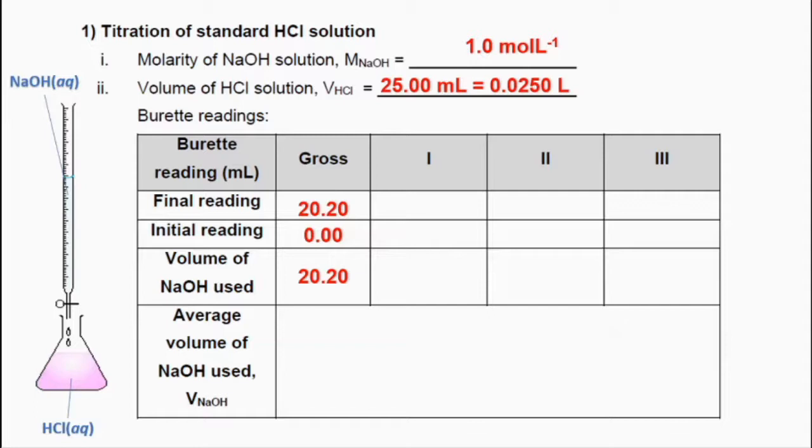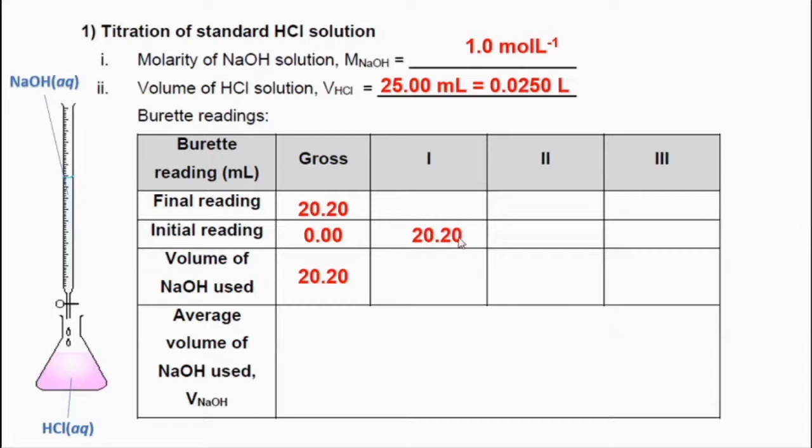Next, let's look at the first reading. Remember, the gross reading is not counted. Whenever we get the average volume of sodium hydroxide, we use only the first, second, and third readings. Let's say the initial reading is 20.20, continuing from the final gross reading.